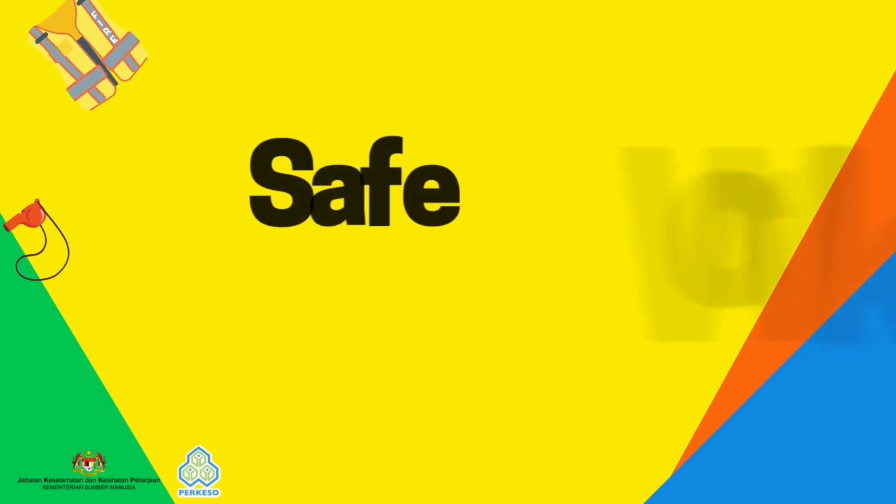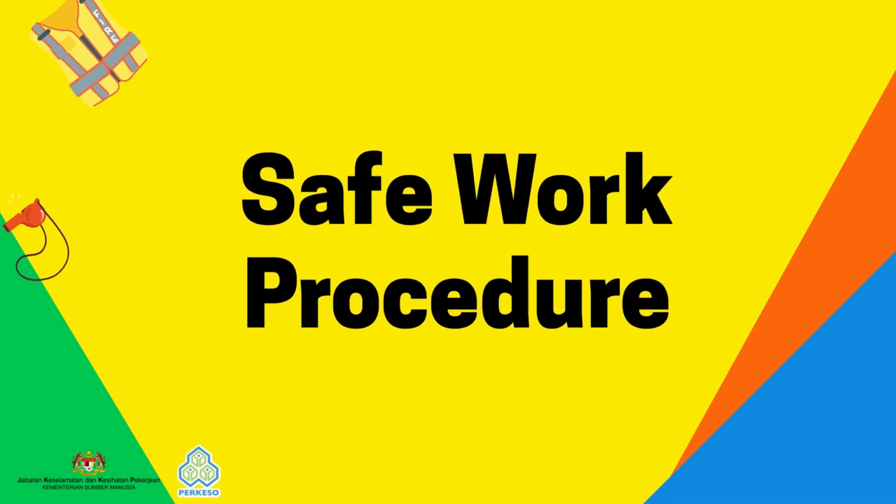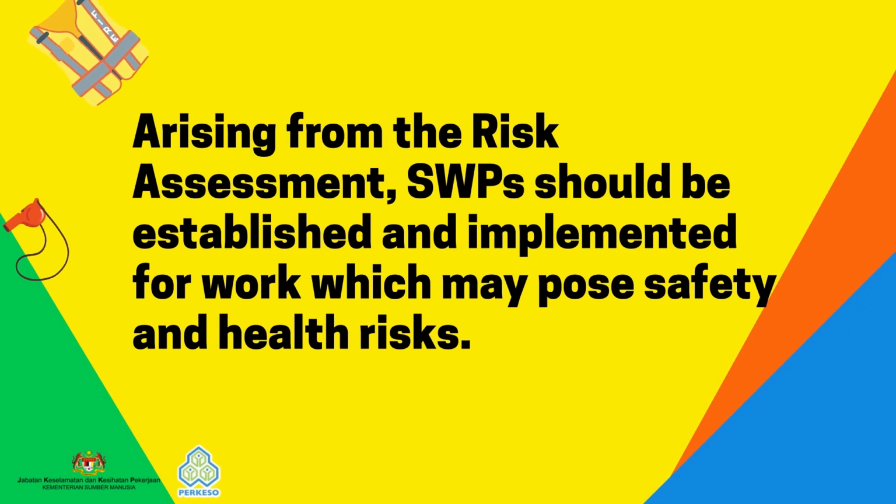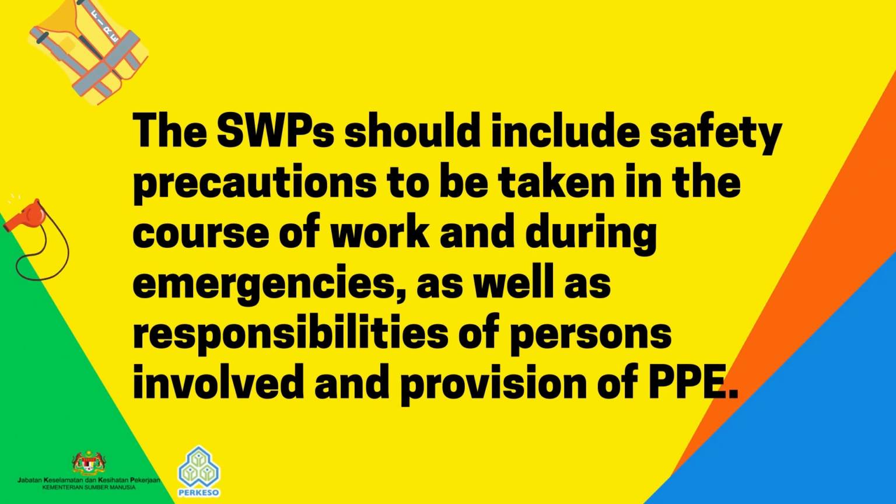Next is about safe work procedures. Arising from the risk assessment, SWPs should be established and implemented for work which may pose safety and health risks. The SWPs should include safety precautions to be taken in the course of work and during emergencies, as well as responsibilities of persons involved and provision of PPE.